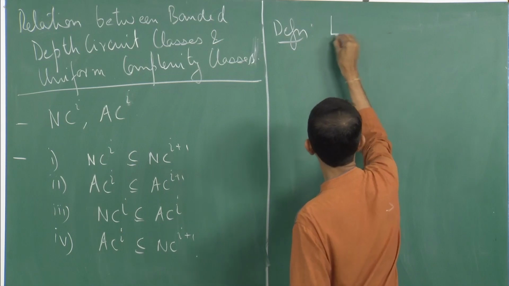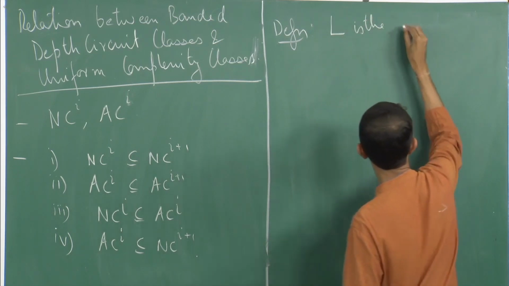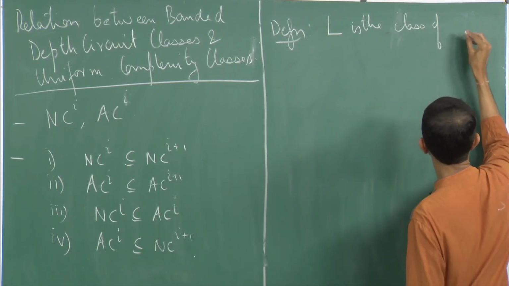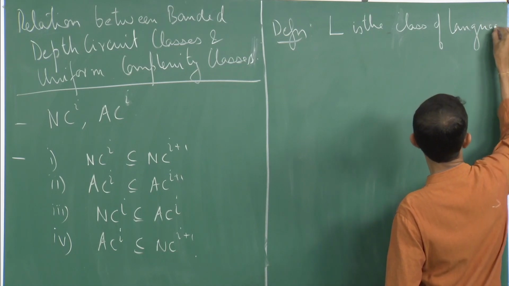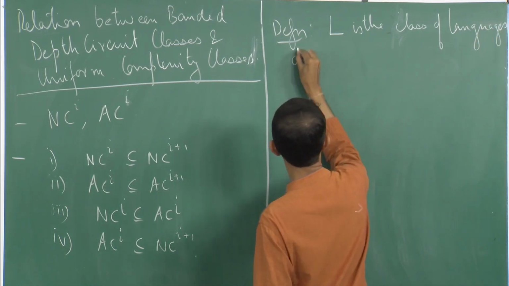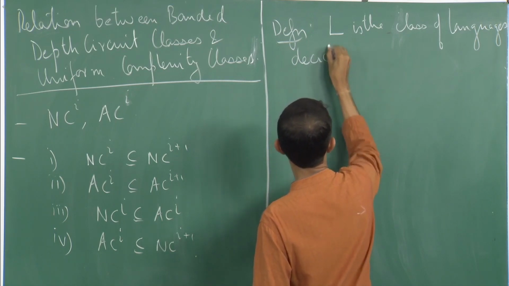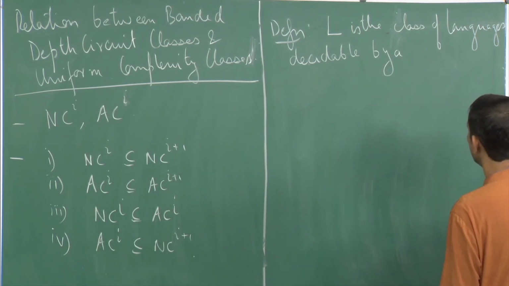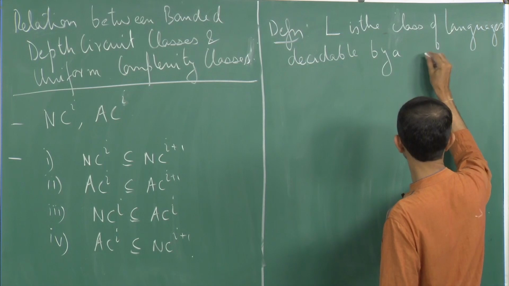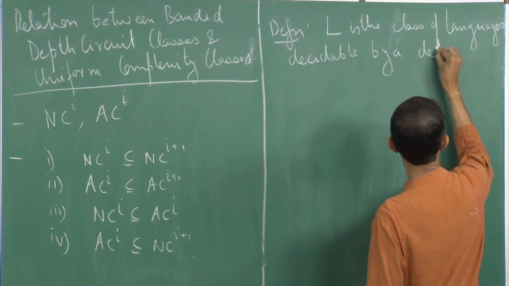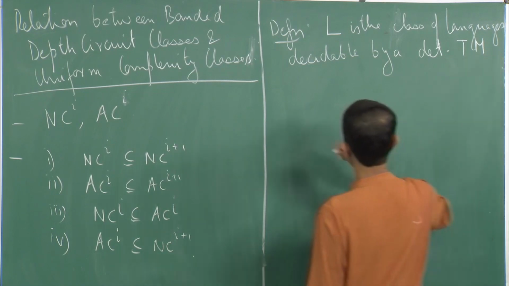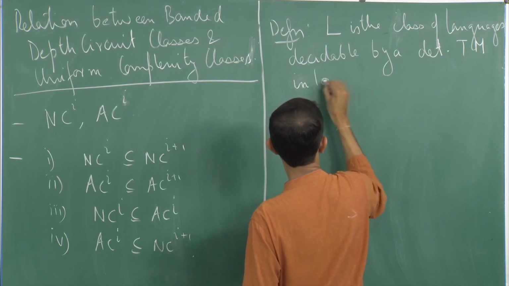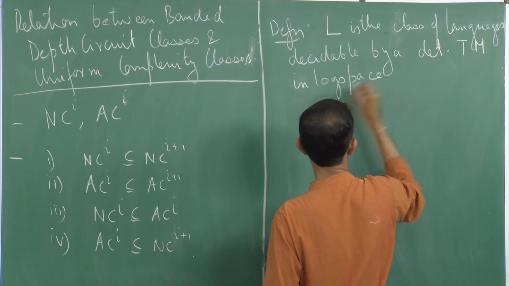So L is the class of languages decidable by a deterministic Turing machine in log space.